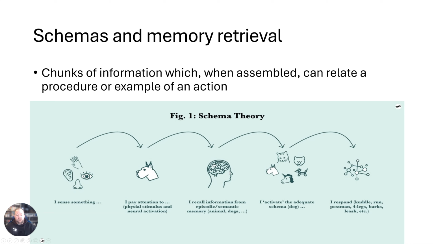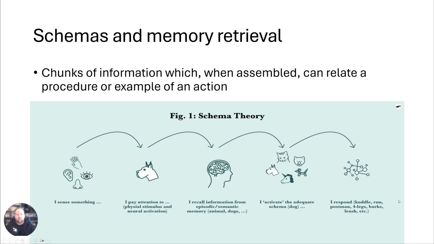Our memory serves up examples from our memory that involved the stimulus we're being presented with. Then we can activate the relevant schema. So for this, a dog, and we respond depending on what our context is going to be. So that's kind of how this process works.